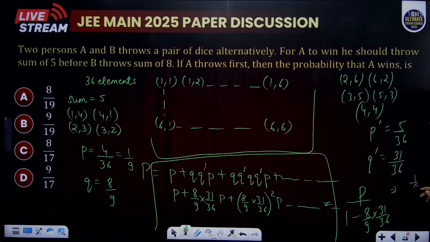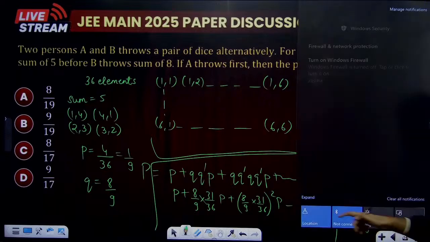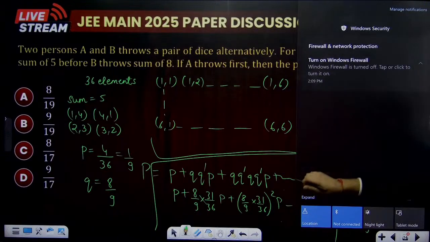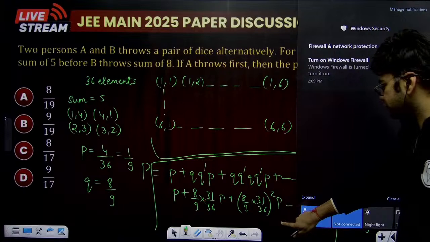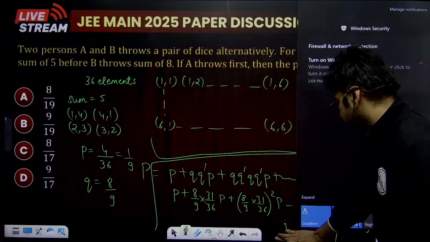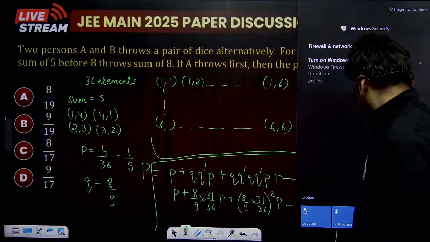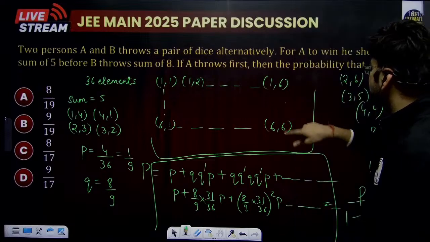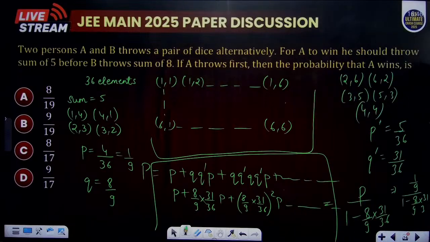So 1 by 9 upon 1 minus 8 by 9 into 31 by 36.